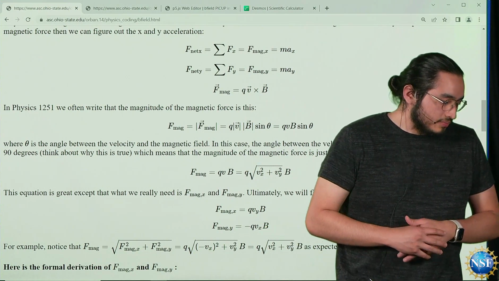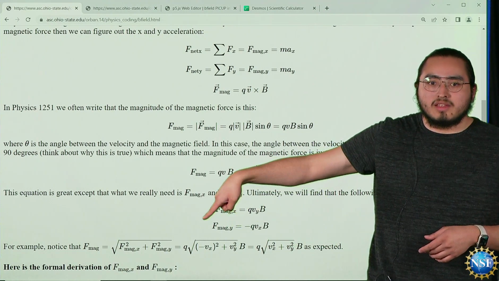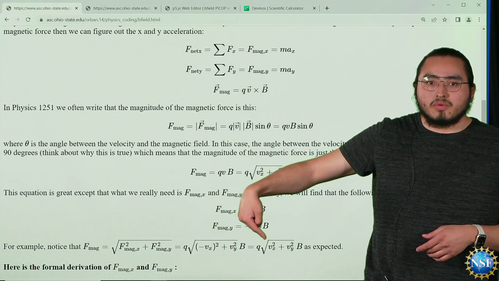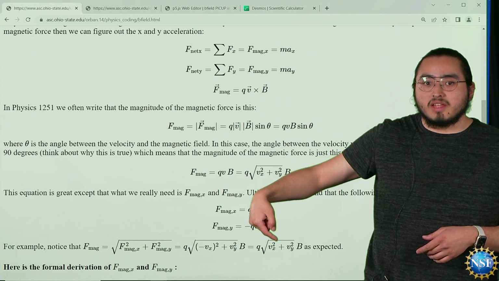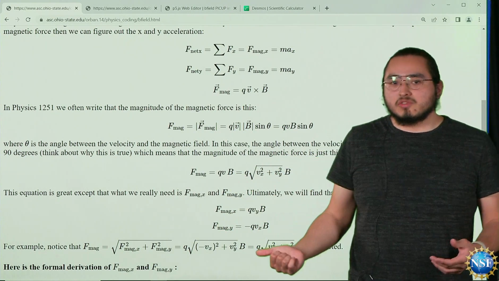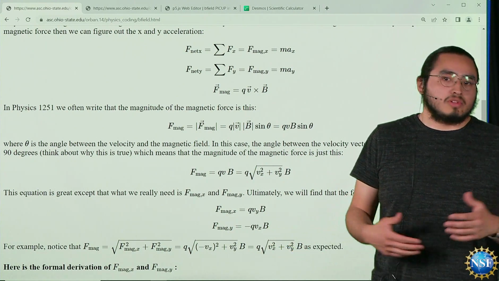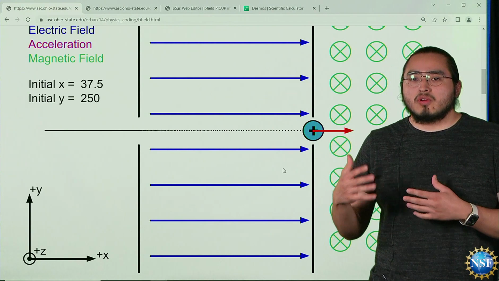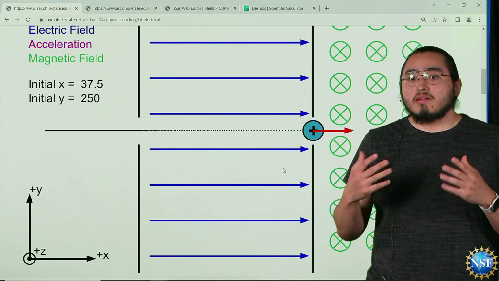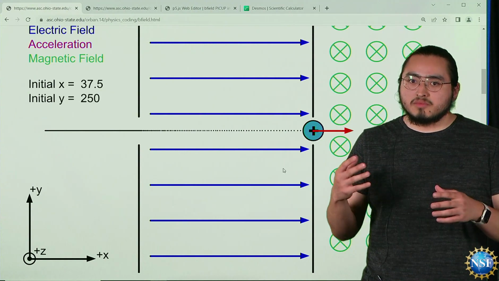Here we have it just to prove to you that this does lead to the result we expect. Something you might be wondering is, why is there a negative sign here? What's that about? So now let's visually, more qualitatively, understand why that minus sign exists in front of our QVxB.